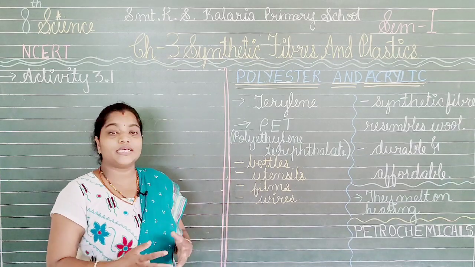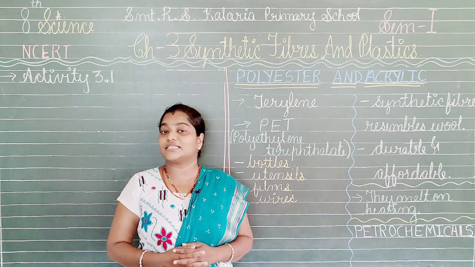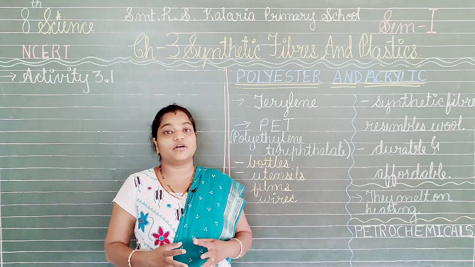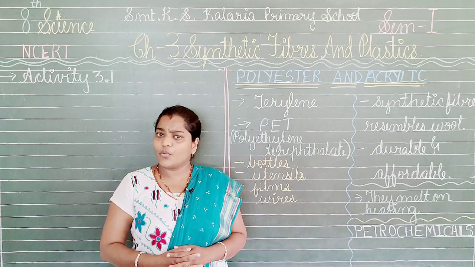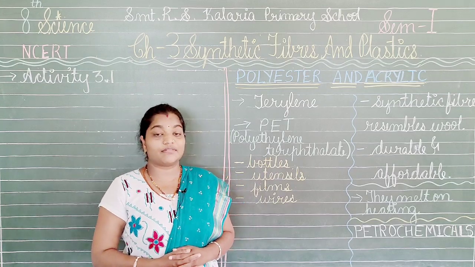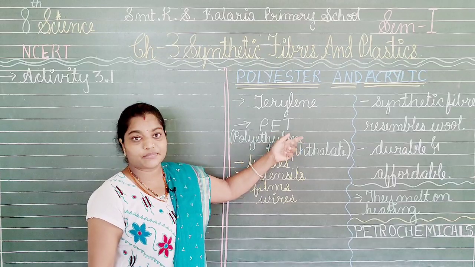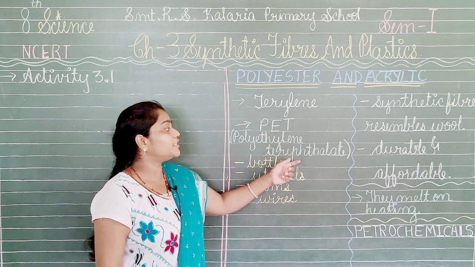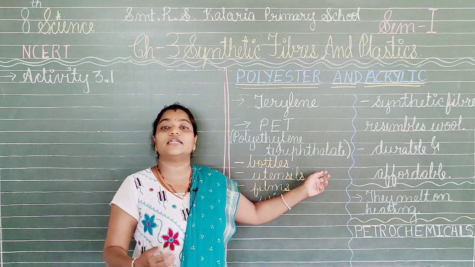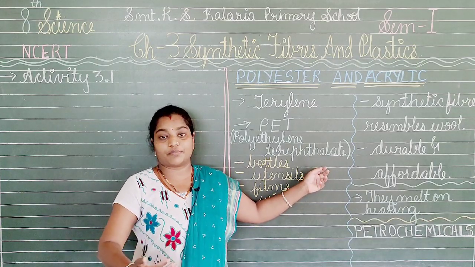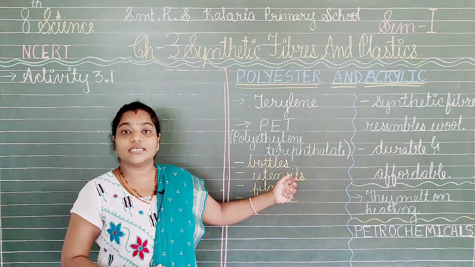Now Paheli is asking that her mother has brought a plastic container. At the bottom of that container, PET was written in capital letters. What does it mean? Here we have the explanation for her question. PET means polyethylene terephthalate. This is also an artificial or synthetic fiber which is used for making containers.